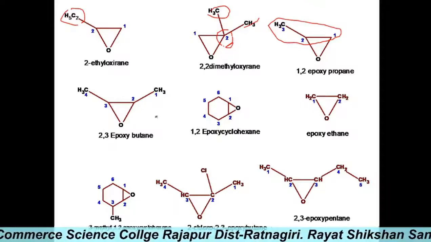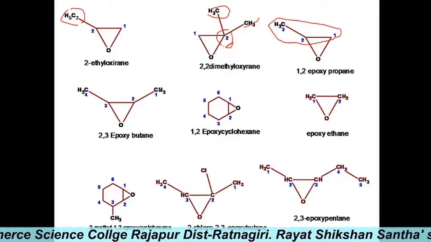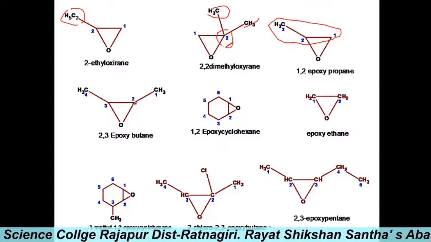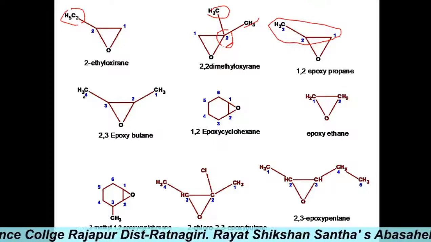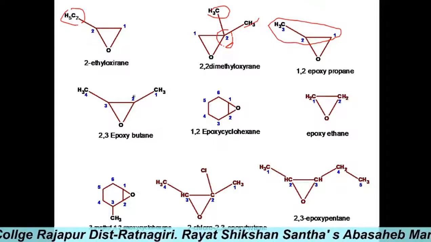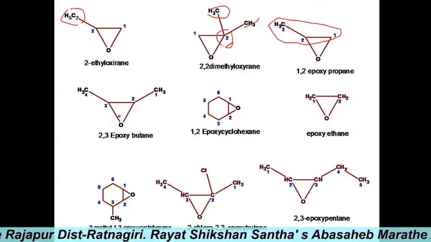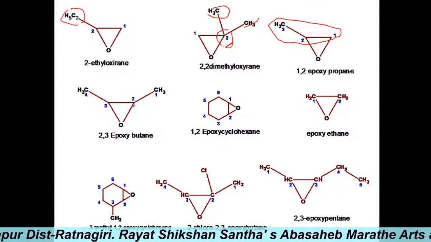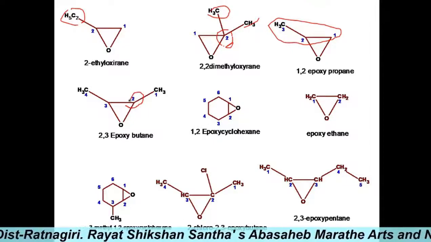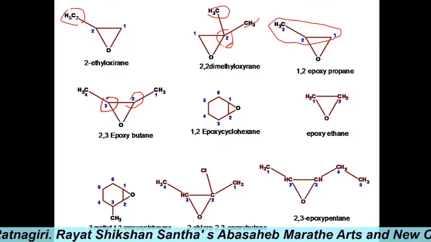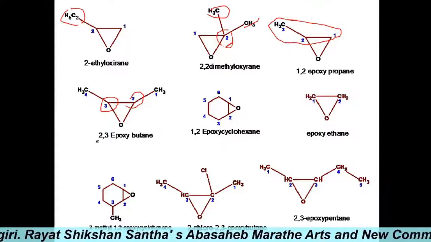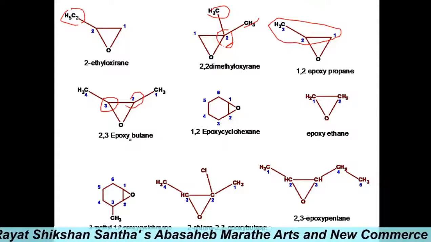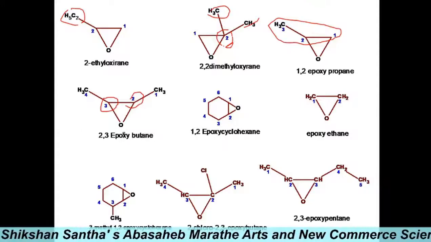Next example, the numbering goes like this: 1, 2, 3, and 4. So which positions have the oxygen? The second position and the third position. So 2,3 with the prefix epoxy.